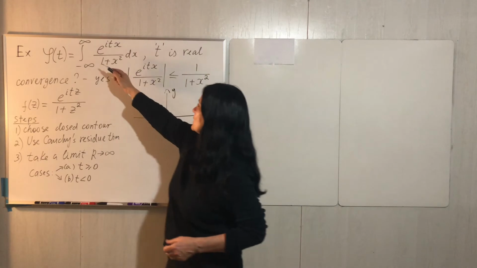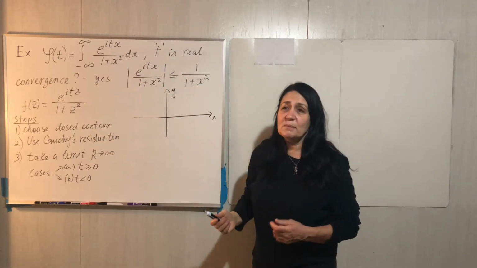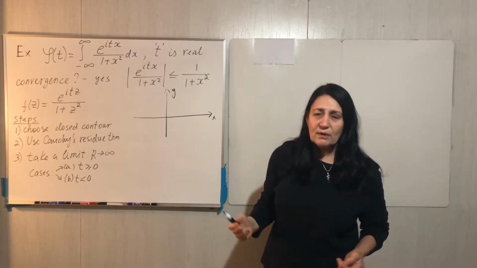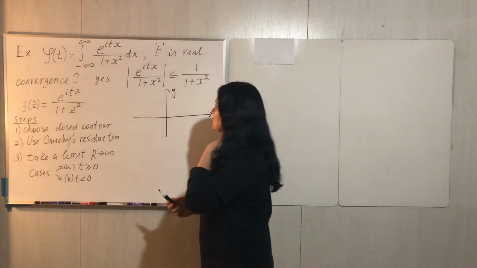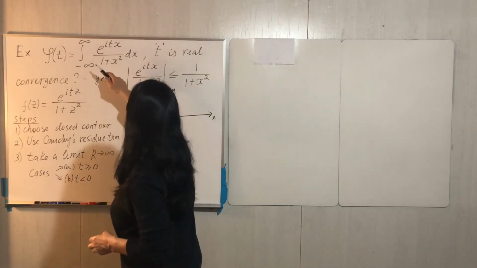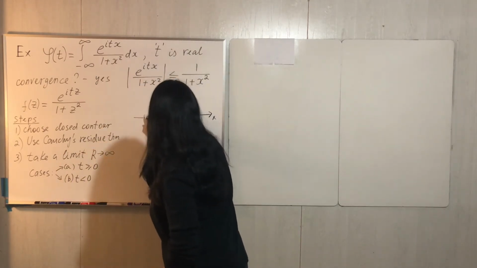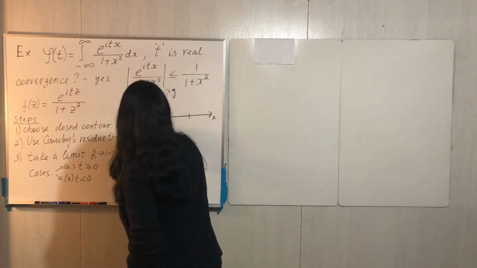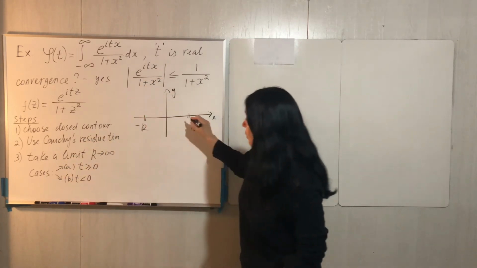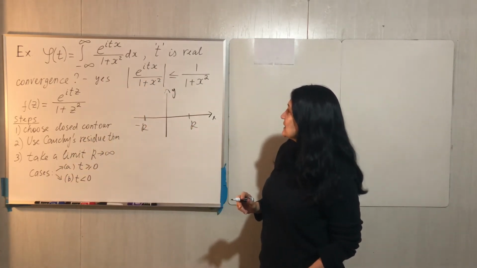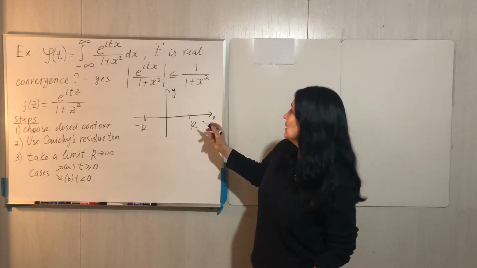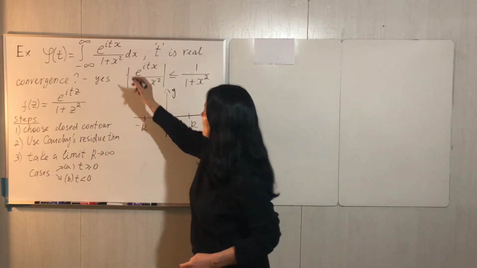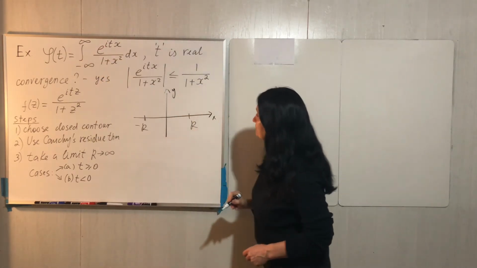And since we know that this integral converges, it means that we can think about principal value, right? The integral converges, so principal value would be giving us the right answer. So we can take an interval from negative r to r on the real axis, and then if we send r to infinity, we will be getting what we have here.